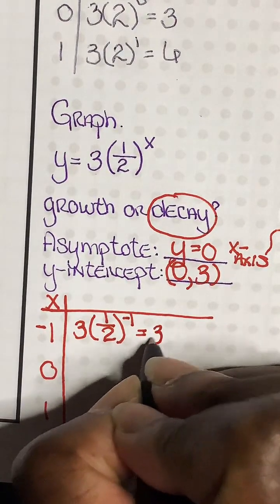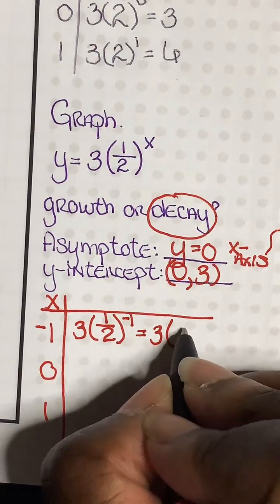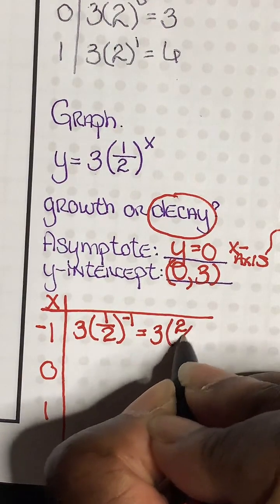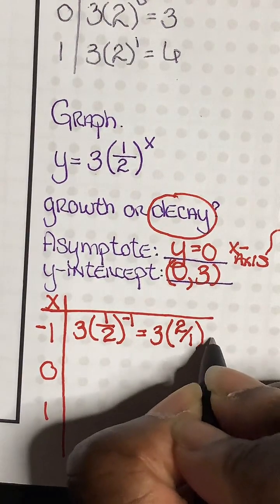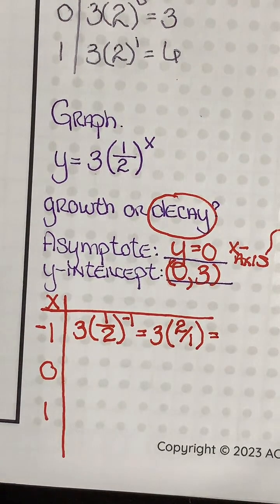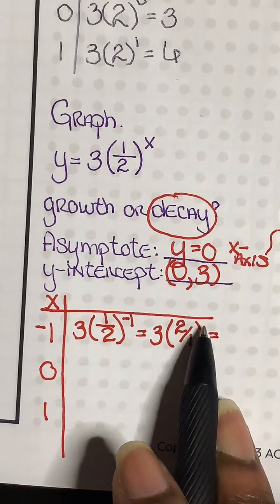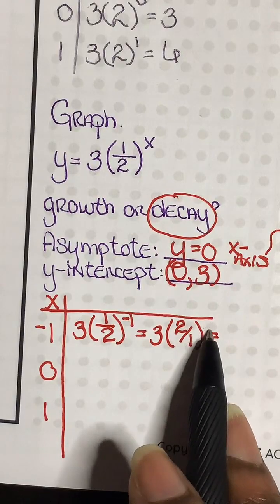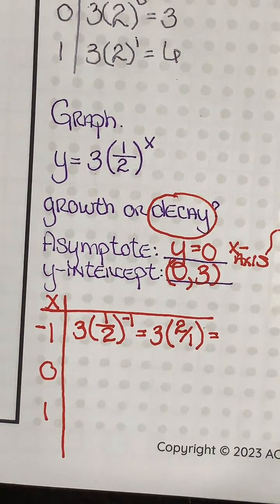So if I do 3 times the flip, which is 2 over 1, and 2 over 1 is just simply 2. Now I don't have to worry about, because this is a positive 1 as an exponent. Anything raised to the first power, multiplied to the first power, you know, it's the same.